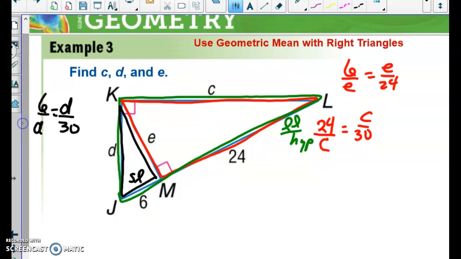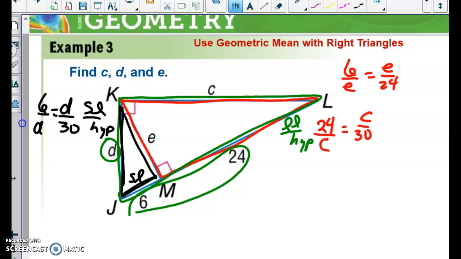So we're comparing short legs and the hypotenuse. Black short leg is to D, the hypotenuse, as in the bigger one, the green one, this is the short leg, and these two together are the hypotenuse. So that's how we set up to find those parts in a triangle.